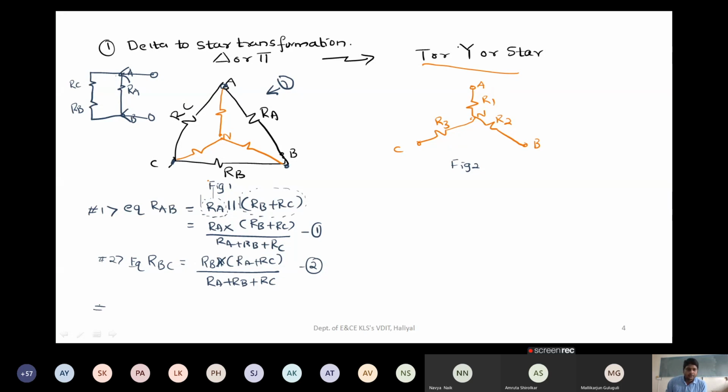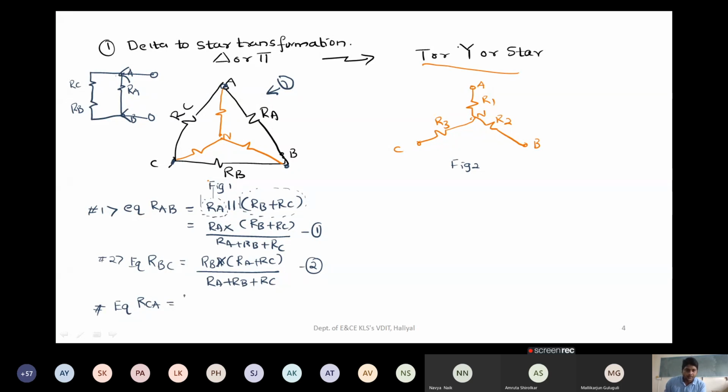Similarly, if you look into the equivalent resistance across RCA, please mute yourself, those who have unmuted. On the same basis, RC will be in parallel with the series combination of RA and RB.